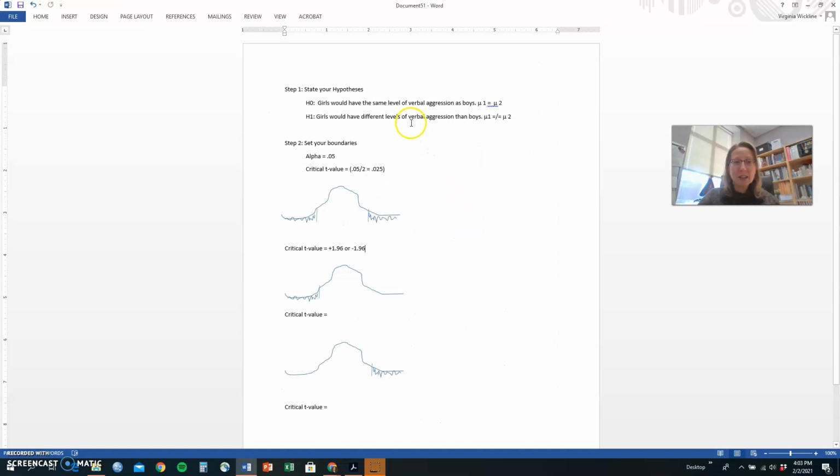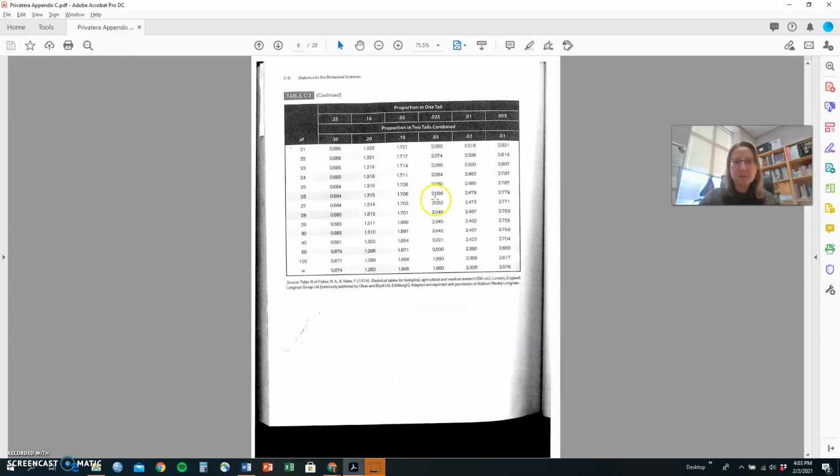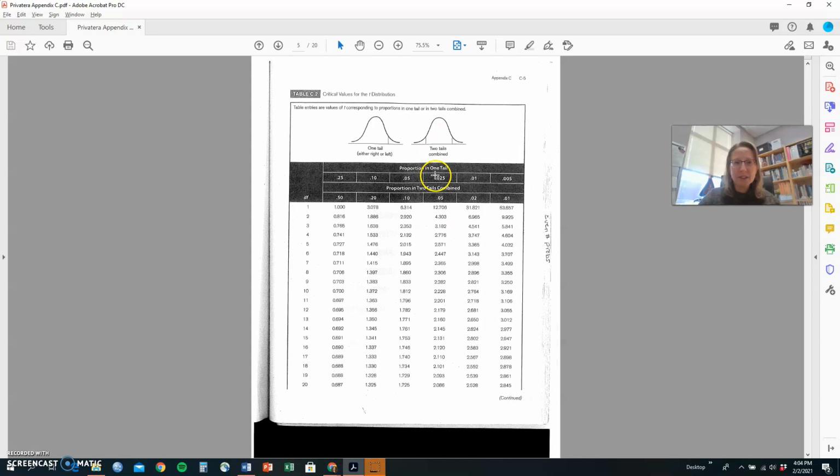Now, let's say we thought the girls were going to have more verbal aggression than boys, and we were only interested in a t-score where girls were higher. If that's the case, we're doing a one-tailed distribution. Let's assume again we had a lot of people, a couple hundred girls and boys in our study. We would still figure out our degrees of freedom, but we're only looking at the proportion in one tail. I think girls are going to be higher than boys, so I'm looking at one side of the distribution.